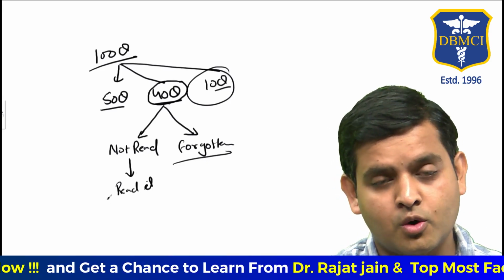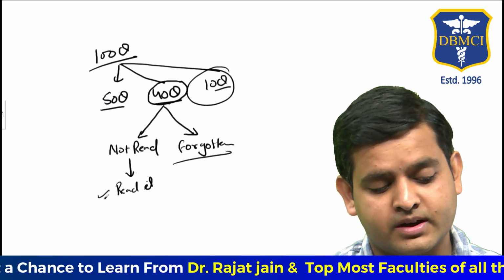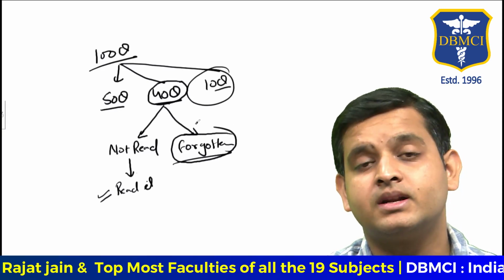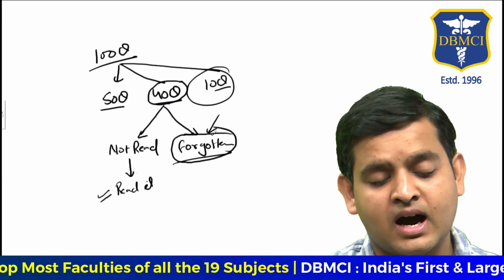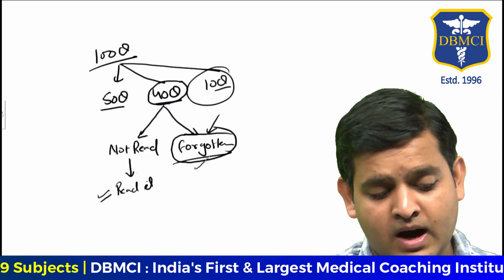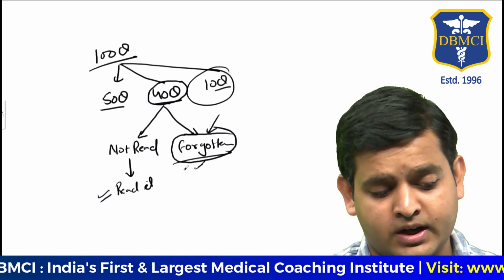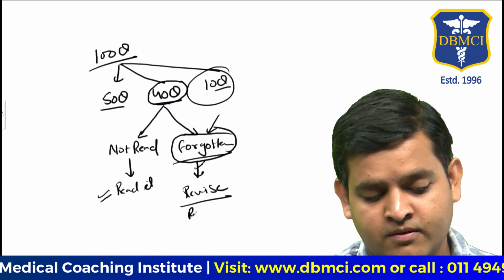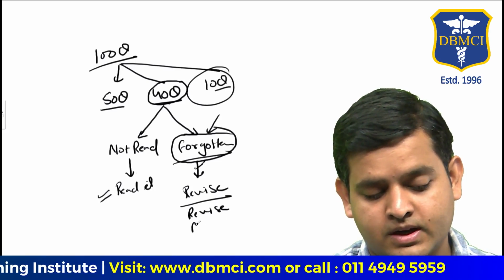Simple. Open the book. If you have time, read this particular topic. Ideally speaking, this is not acceptable. All the ranks are dependent on this, that how much are you forgetting. Now why are you forgetting? And again the point is revise, revise, revise.